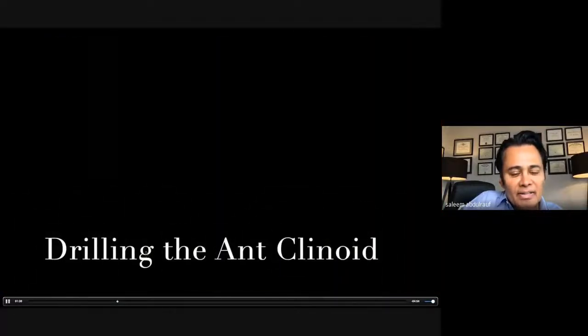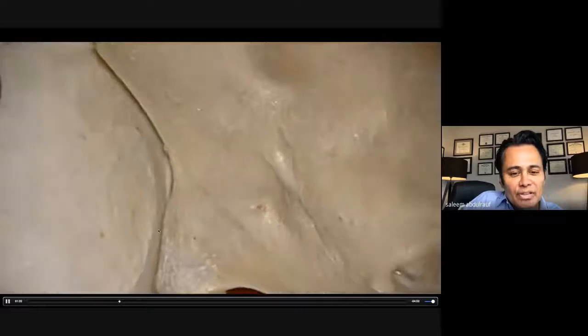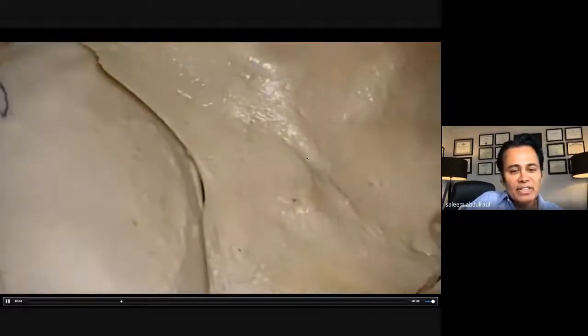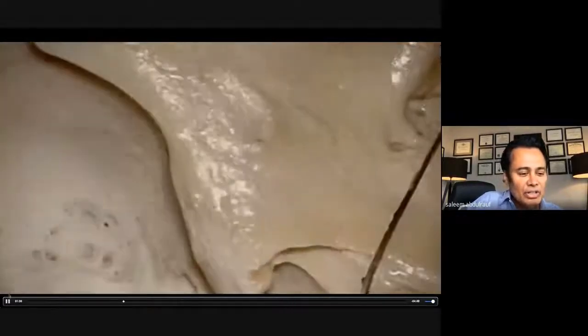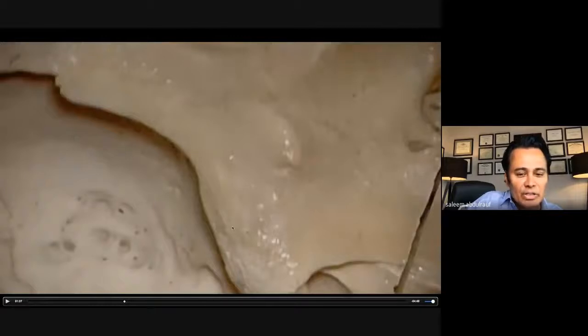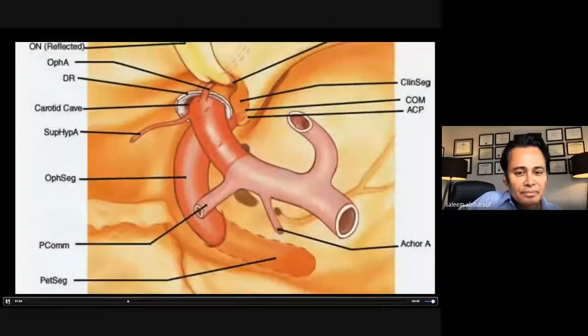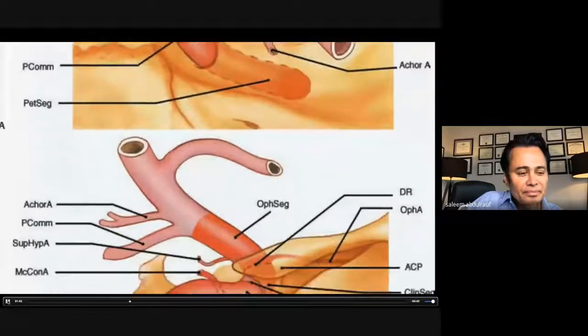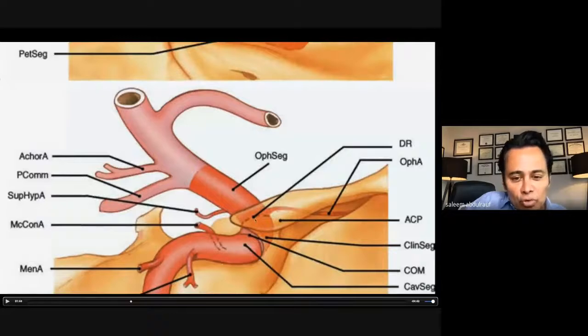Now this is the point of drilling the anterior clinoid. For the residents, the anatomy is such that this aneurysm is embedded underneath the anterior clinoid. So the aneurysm neck is all the way from here to here.